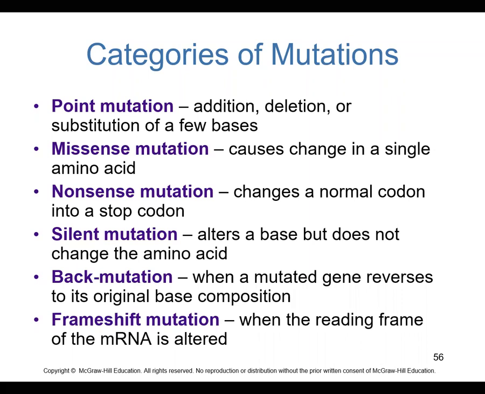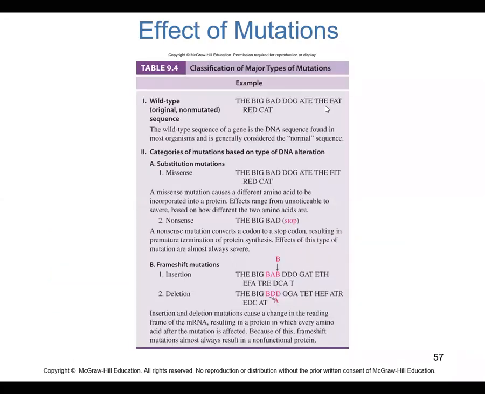So that's what we call a back mutation. A frame shift is the addition or deletion, because you're moving the lines around. So that's a frame shift mutation. We've got some examples coming up here in a moment.